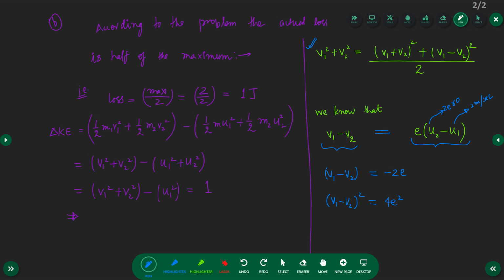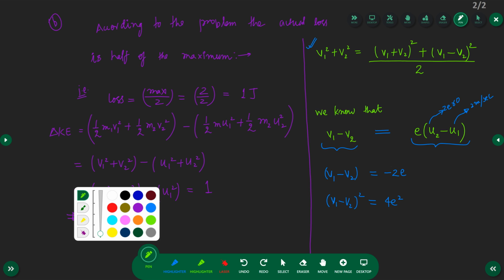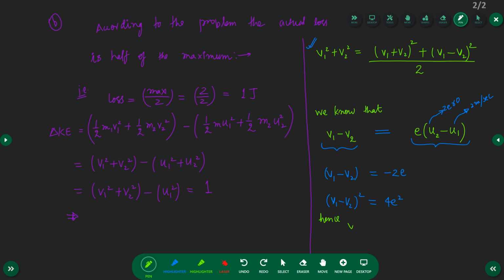Now we will substitute this value here. So V1 square plus V2 square could be written as, let us consider this equation as 1. So we are just going to substitute the value of V1 minus V2 square in equation number 1. So it could be written as V1 plus V2 whole square plus 4E square, correct?